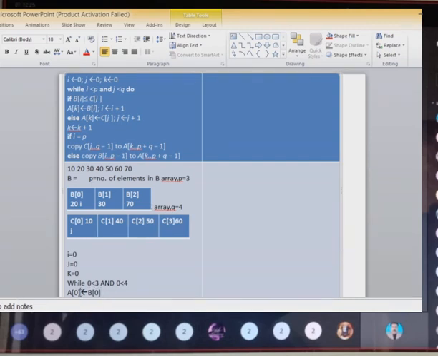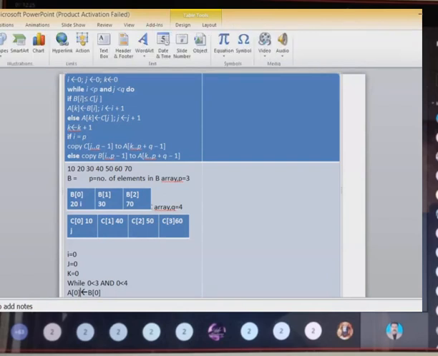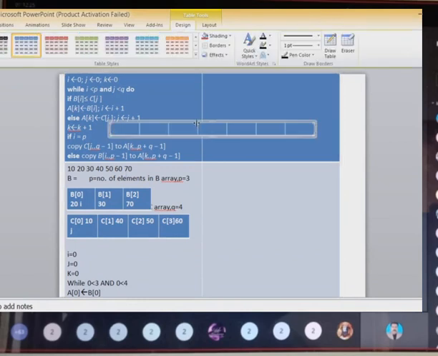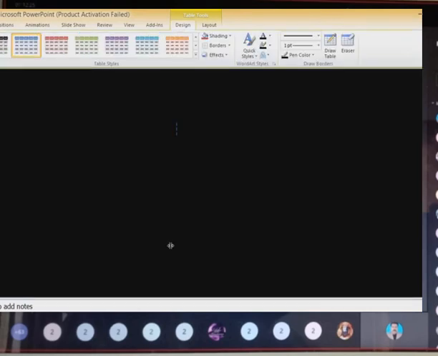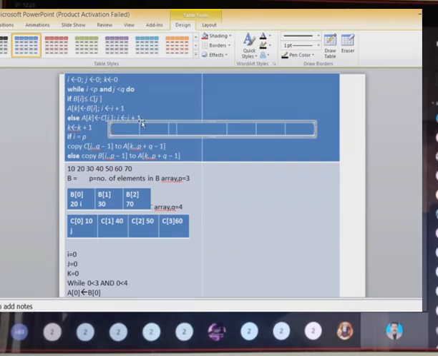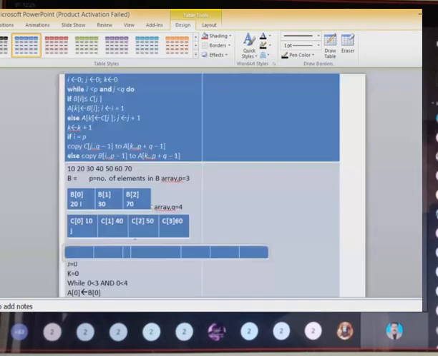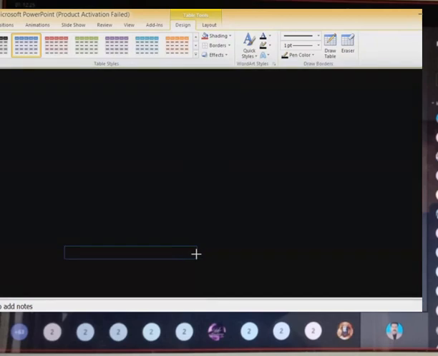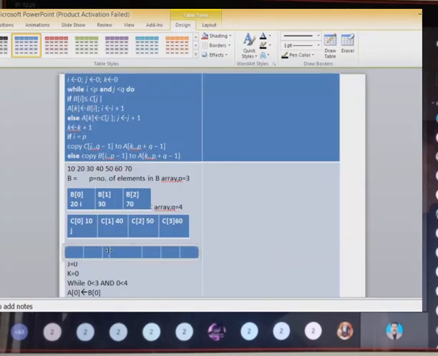Now what is A of 0? A of 0 is nothing but your output. This is the output array, K. Initially K is in 0th position.